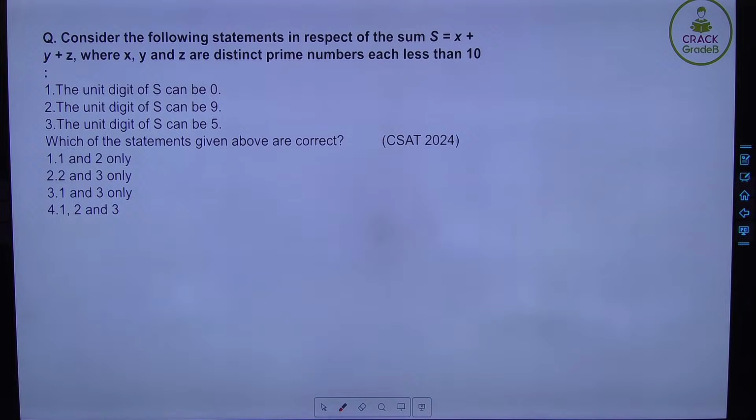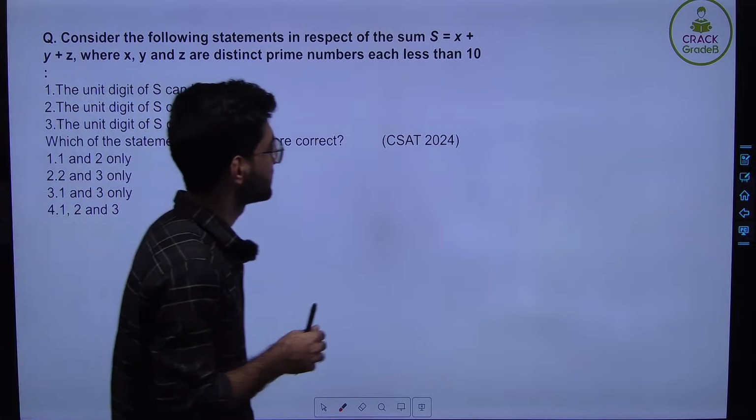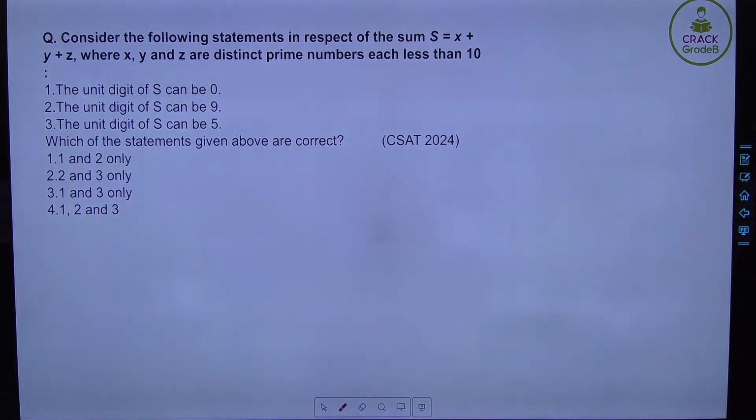Four is not the correct answer, so try to solve it again. Okay, option 3. Maybe option 3 is correct. But don't worry, try to put effort for 1 or 2 more minutes. Option 3.